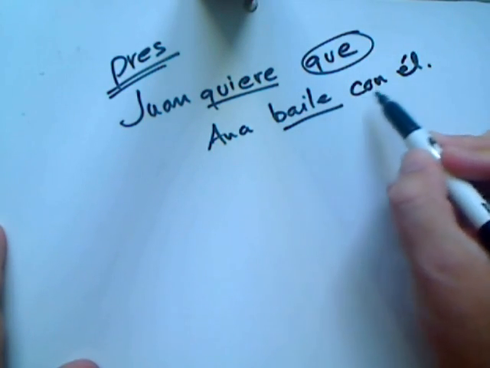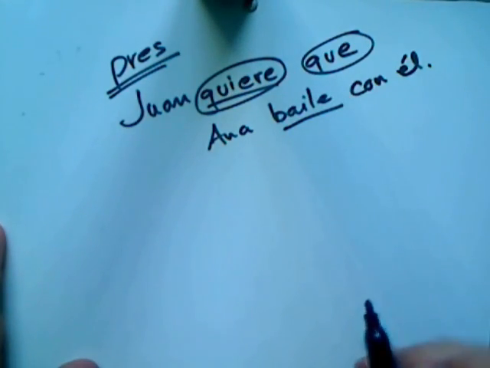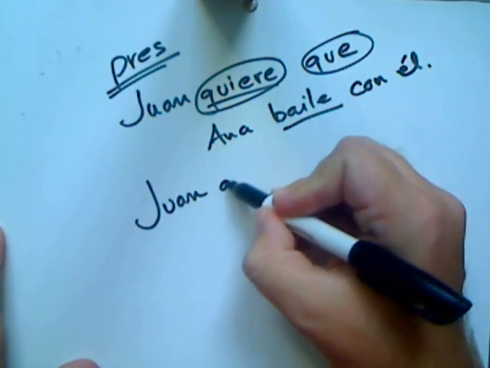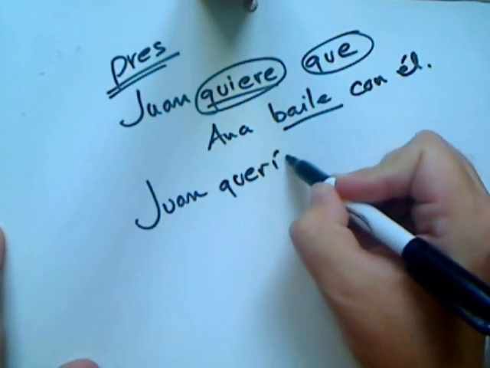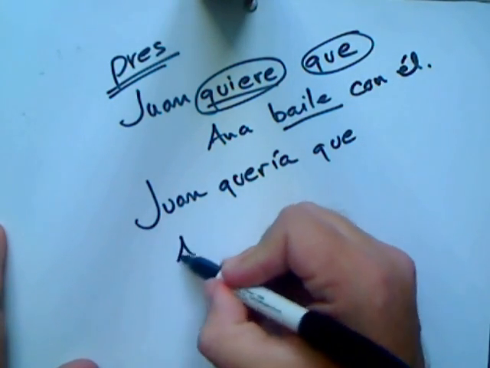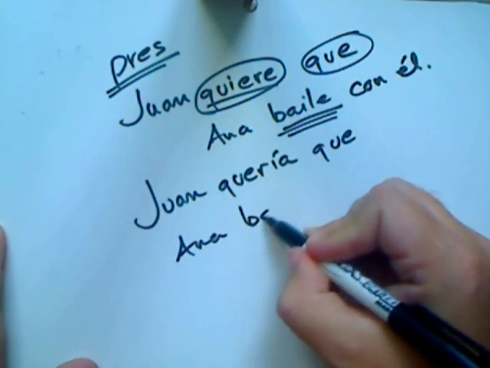Ana baile, present subjunctive. So what I'm saying is if we're going to take this verb here and put it in the imperfect or preterite, right, to talk about a situation in the past, he wanted, quería que, like last night or last week, Ana, now we're going to conjugate this one in the imperfect subjunctive.